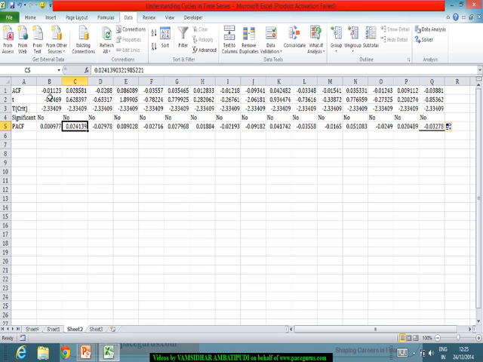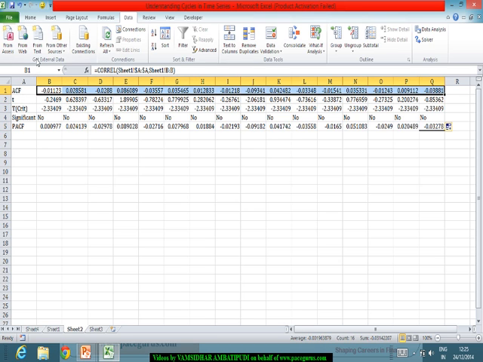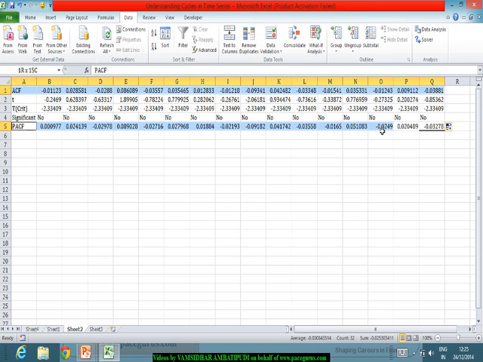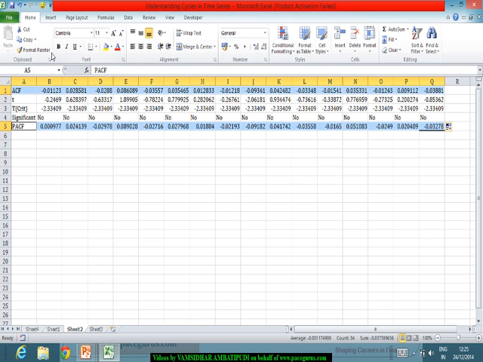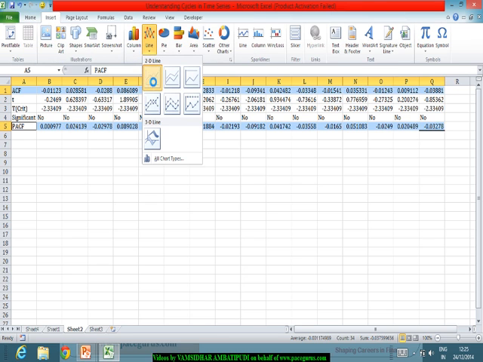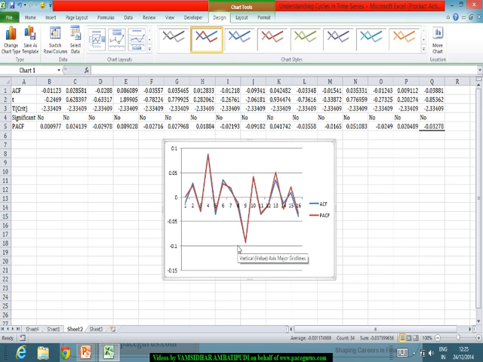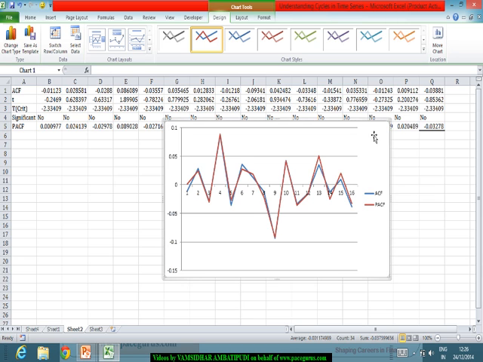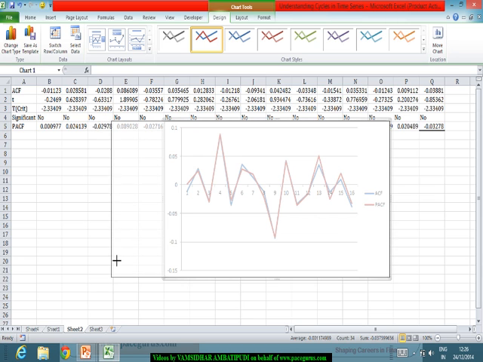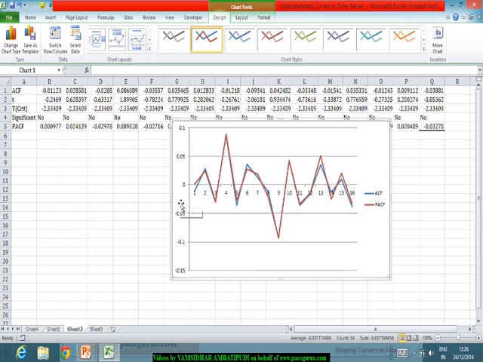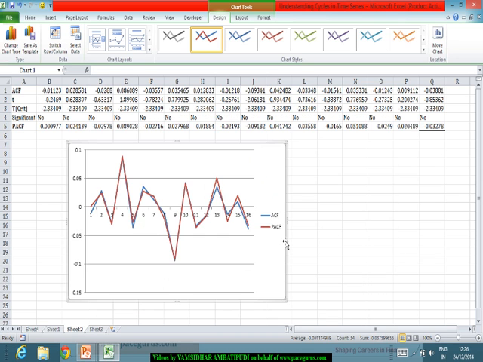Now, I can try plotting the autocorrelation function as well as the partial autocorrelation function. I can have both the graphs plotted, and what I could see is they are fluctuating around 0, right? For different time lags, if I'm taking a lag of 1, there is some autocorrelation, taking a lag of 2, there too.